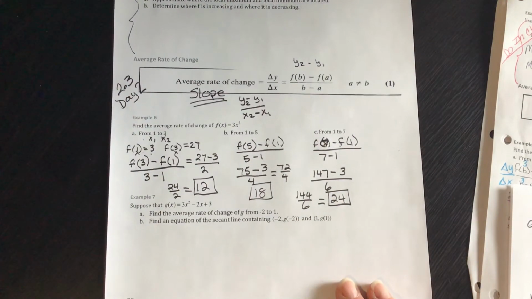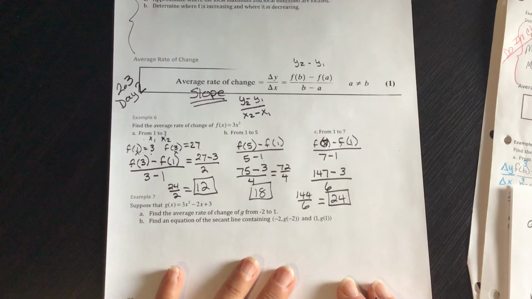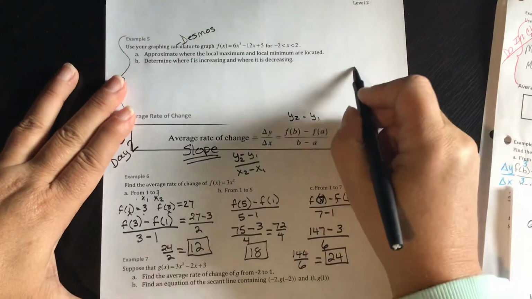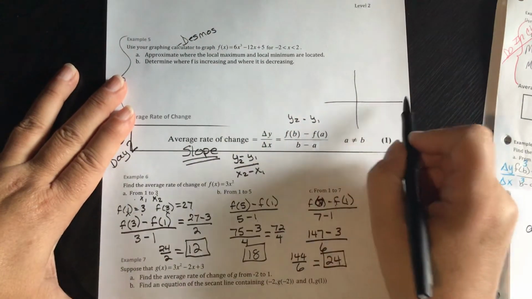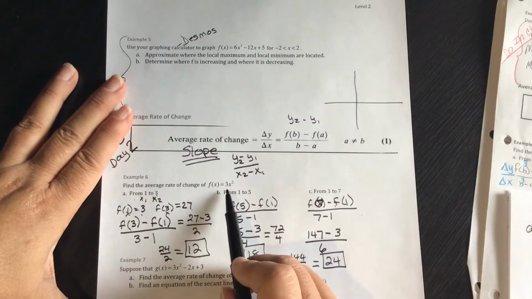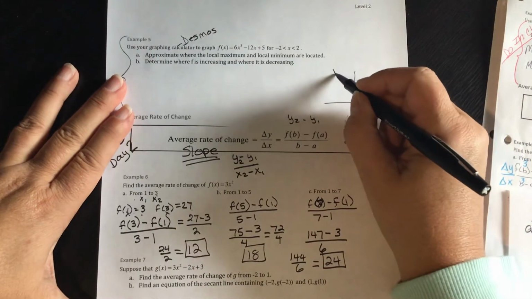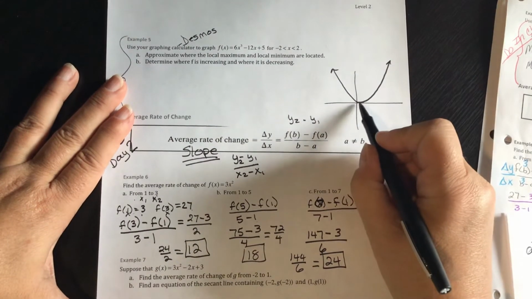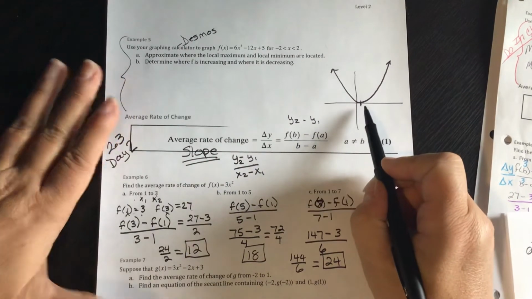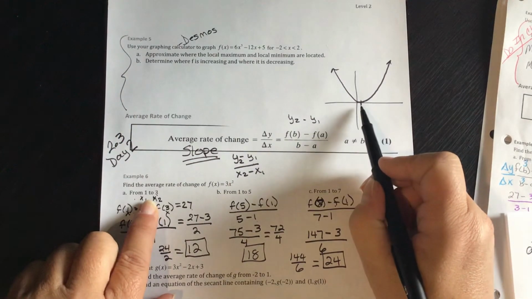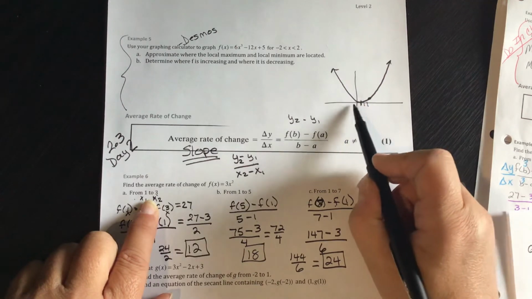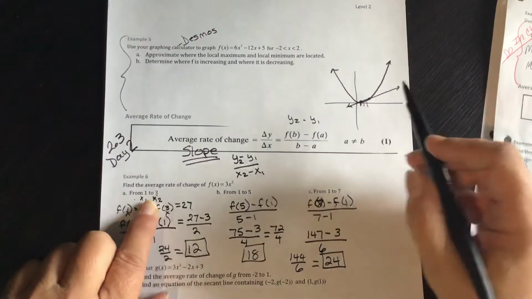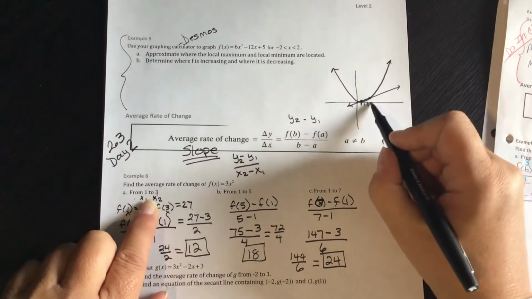If I think about what this actually means, I'm going to draw it up above here. If I graph 3x squared, I get a parabola. If this is 1, my first interval goes from 1 to 3, and here's my slope between those two points.